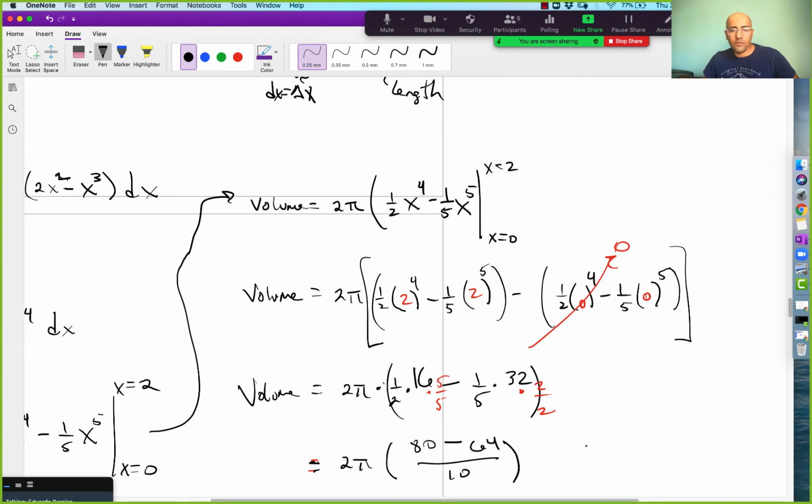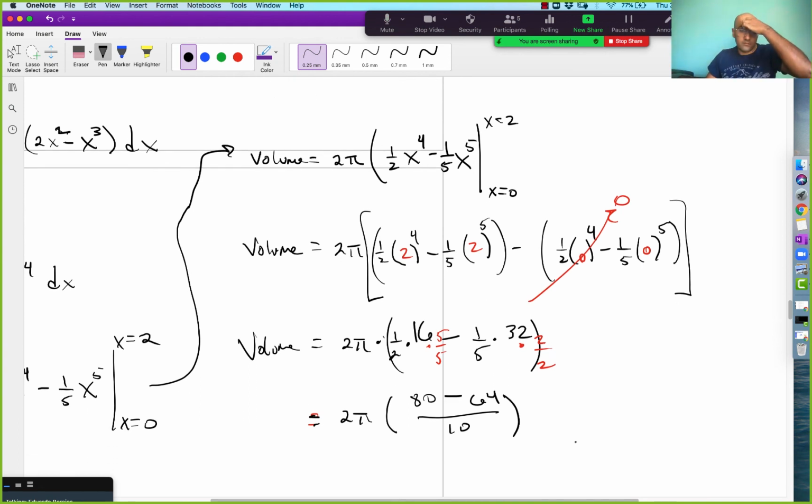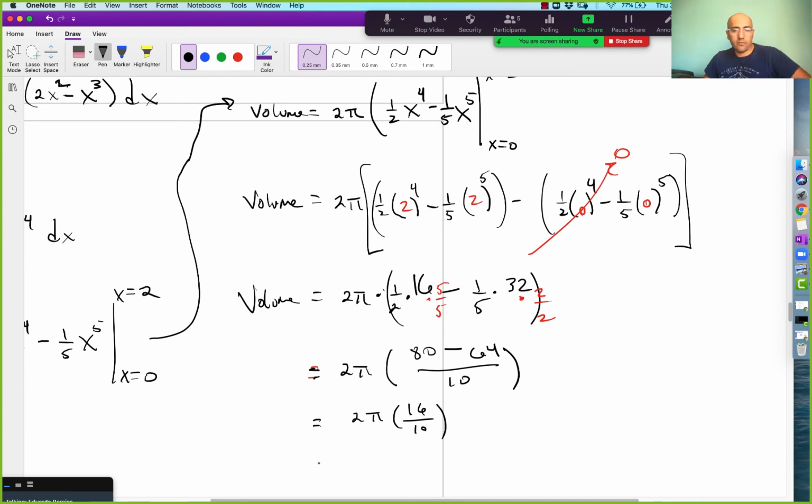So that's 16 over 10. 2 pi times 16 over 10, which is 16 over 5. So that would be 16 pi over 5. I hope that's right.